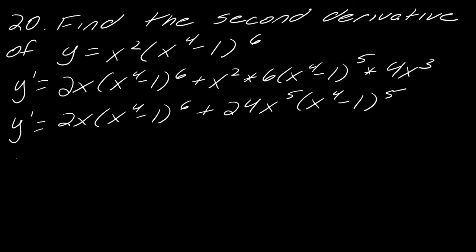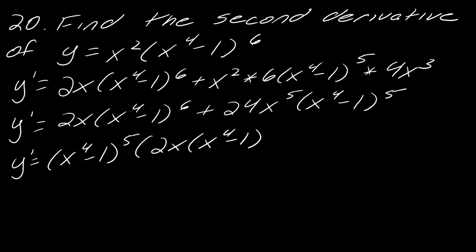So I'm going to go ahead and do that. So this becomes (x^4 - 1)^5. So what am I left with then? So here, I still have that 2x, and then I still have one factor of this x^4 - 1. And then for this other factor, I'm just left with 24x^5. Okay, so let's simplify this piece as far as we can.